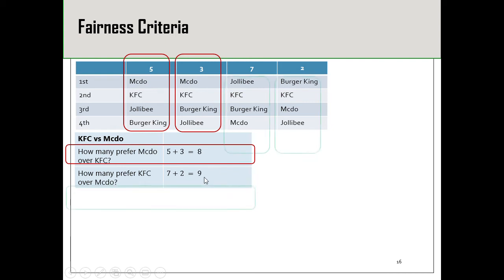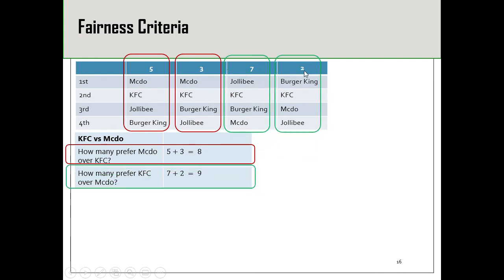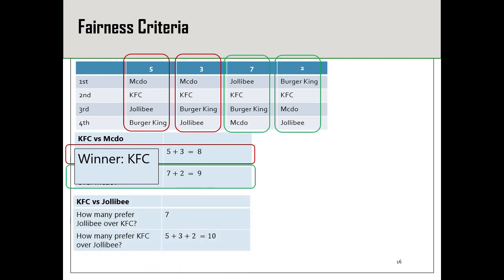Whereas 7 plus 2 put KFC over McDonald's. So between McDonald's and KFC, we see that the winner is KFC. Now let's try another pair. Let's pair KFC and Jollibee. Now how many people preferred Jollibee over KFC?